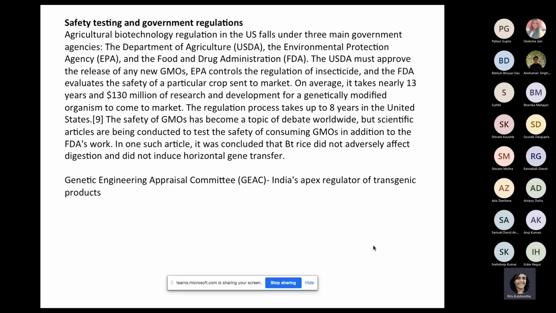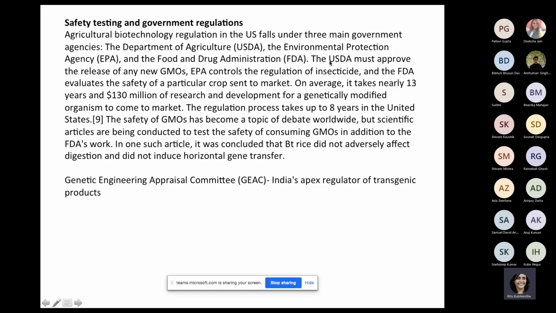I'll come back to another issue with respect to the safety concern. I just want to tell you about the various regulating agencies, because these are transgenic crops. So three different agencies have to be involved while approving their use. One would, of course, be the Department of Agriculture.